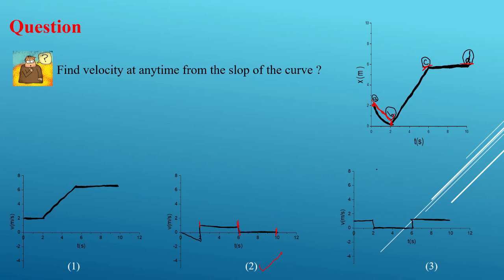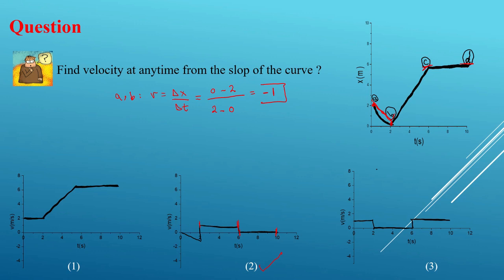Now let's see if I want to calculate this. Let's start from between point A and B. I know V is going to be delta x over delta t, right? My delta t at this point is going to be 2 minus 0, and then my x is going to be 0 minus 2. So my answer is going to be -1, which I found in number 2, right?